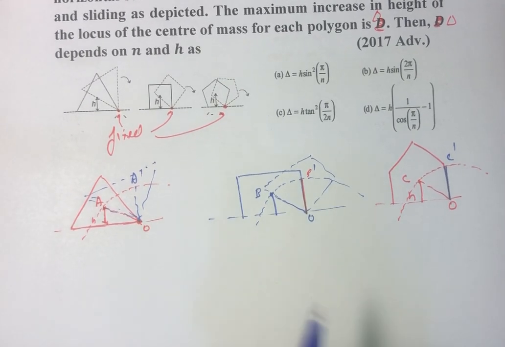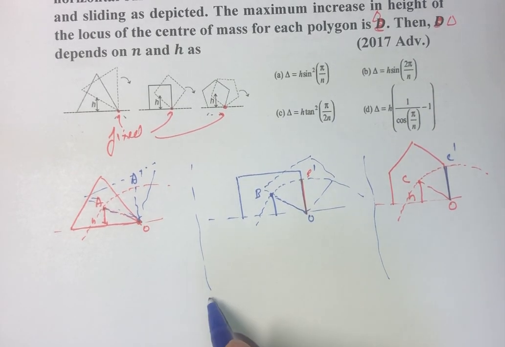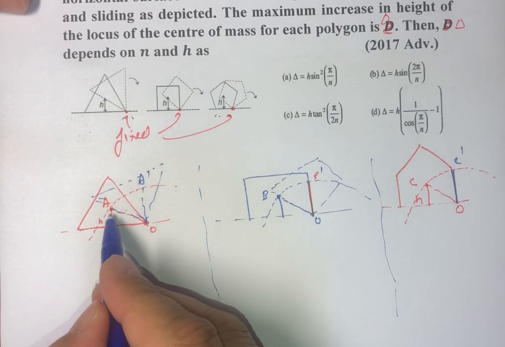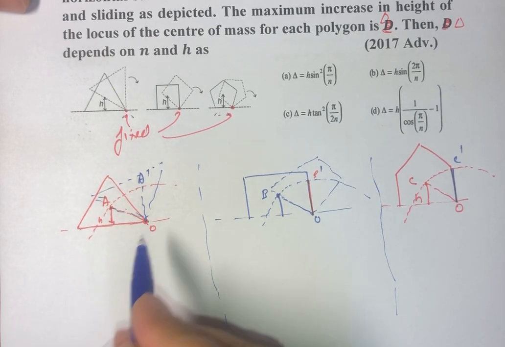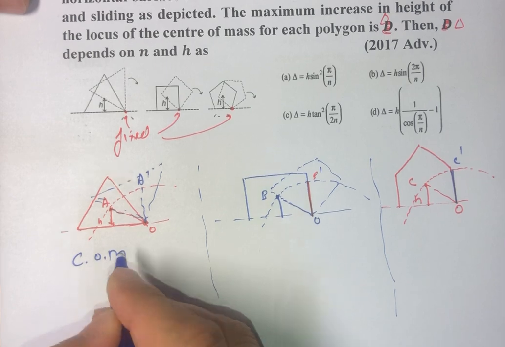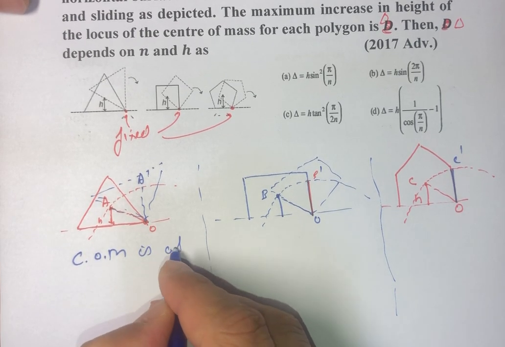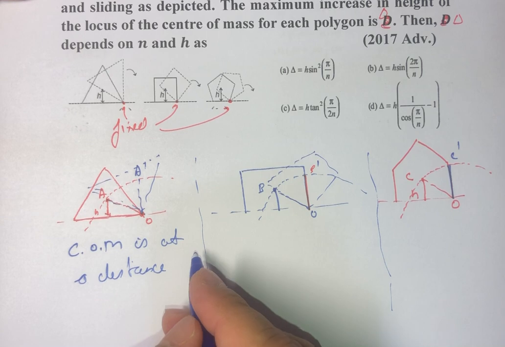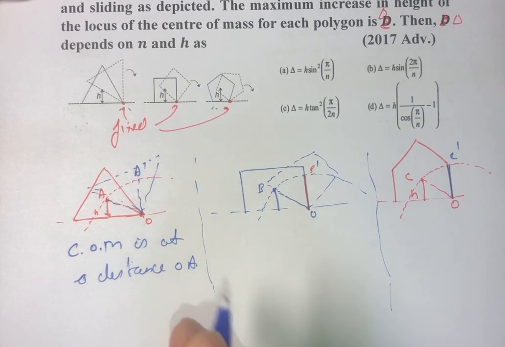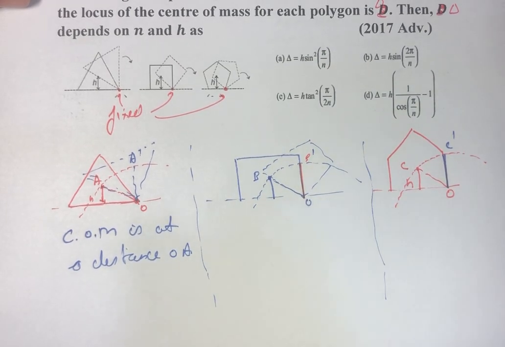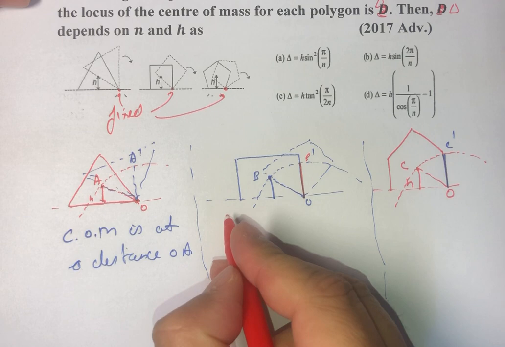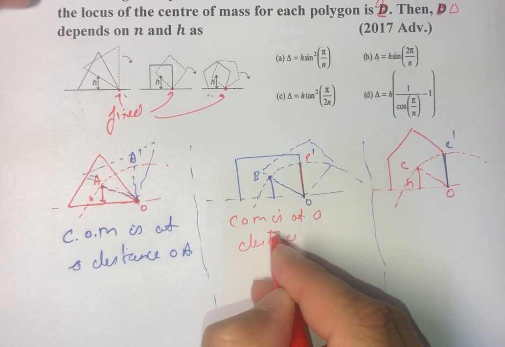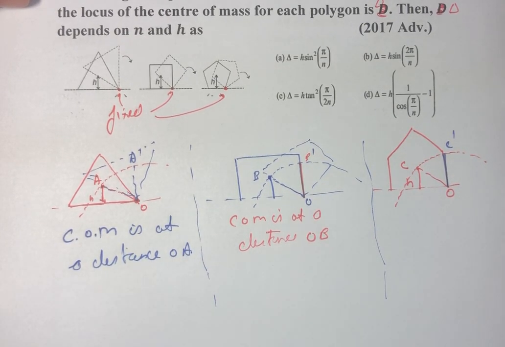Let us divide it into three parts. In the first part, the center of mass from point O, which is fixed, is at a distance OA in this case.